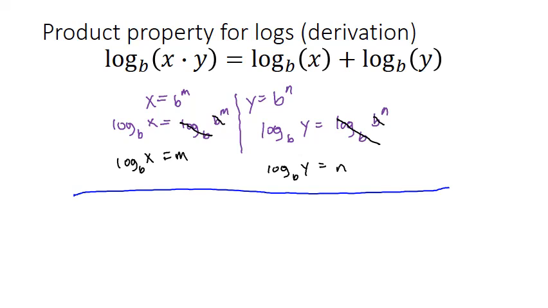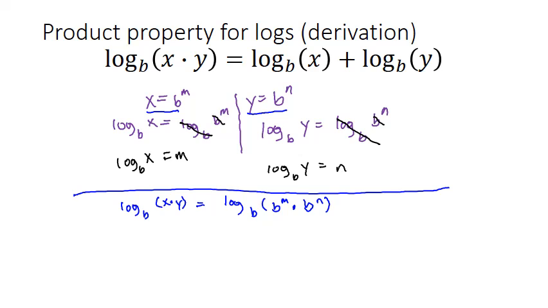So if we have log base b of x times y, this is the same as saying log base b of, remember, x is b to the m. So it's the same as saying b to the m times, remember that y is the same as b to the n. So times b to the n.